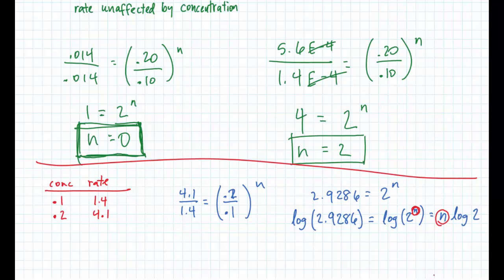So then what? How do you solve for n? If I have log of that value equals n log 2, divide. n equals log of that number, 2.9286, divided by log of 2.